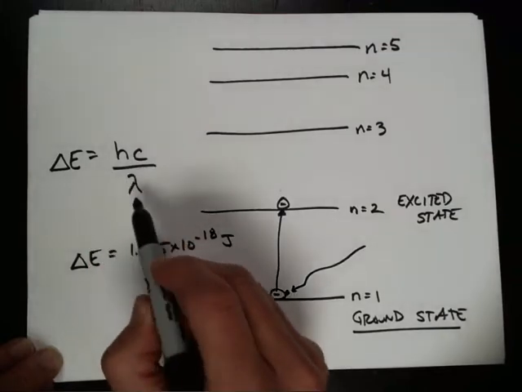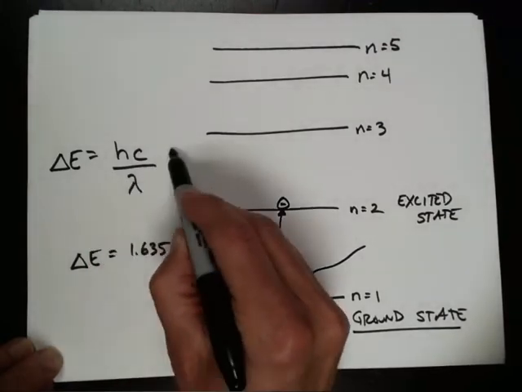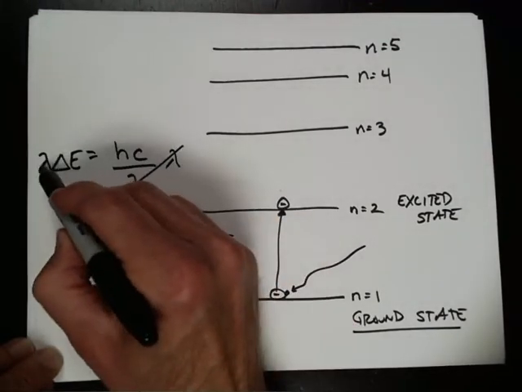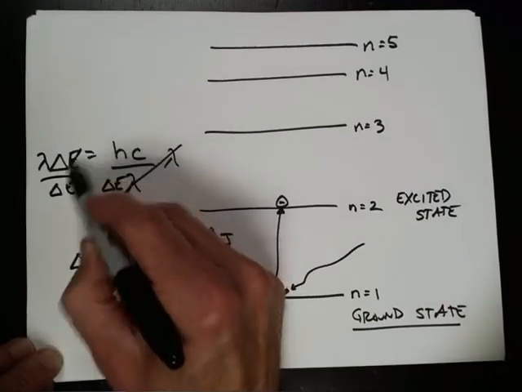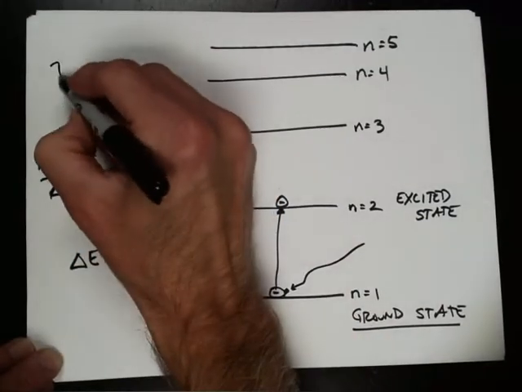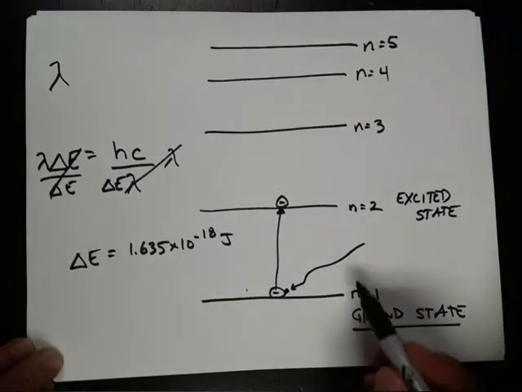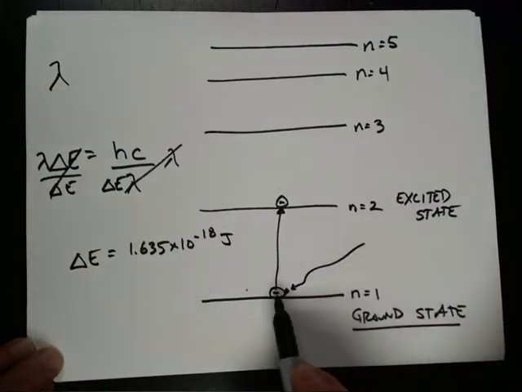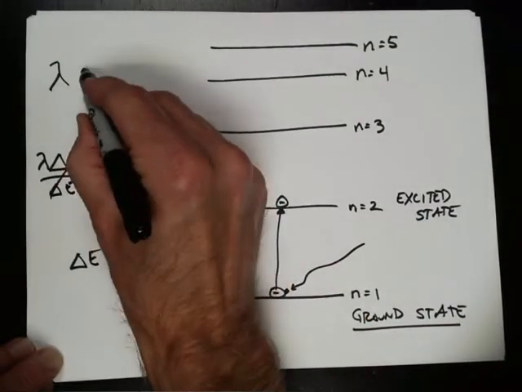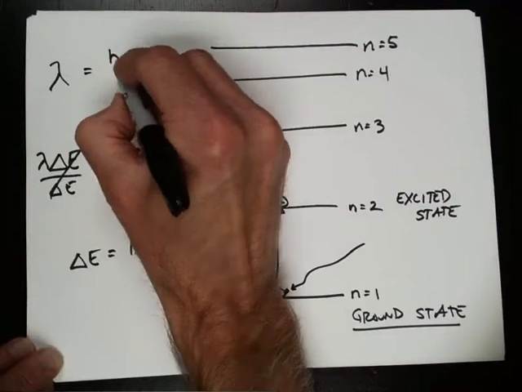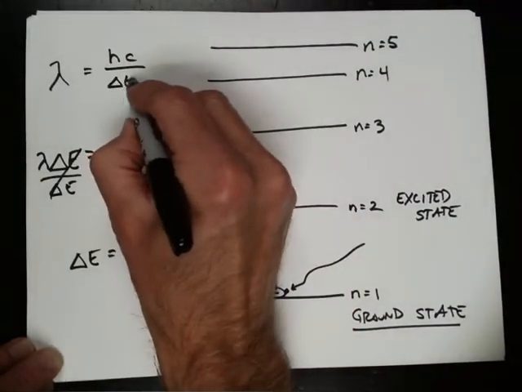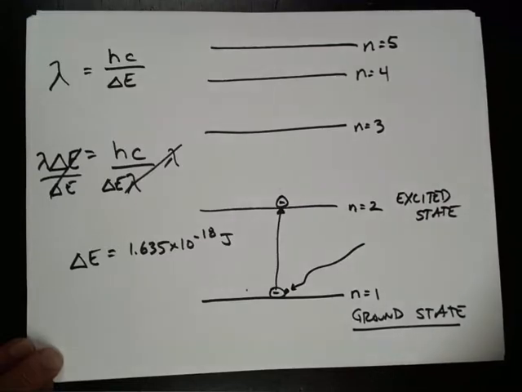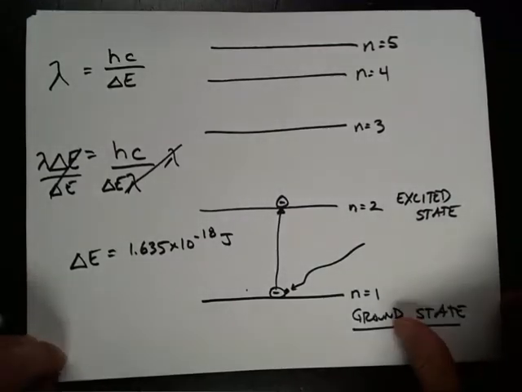If we do a little bit of algebra here, multiply both sides by lambda and divide both sides by delta E, we see that we can calculate the wavelength of the photon that's going to need to cause this particular transition. That's going to be Planck's constant times the speed of light divided by the change in energy between these two particular states. So let's do this calculation.